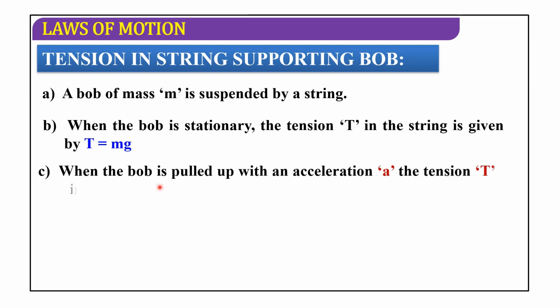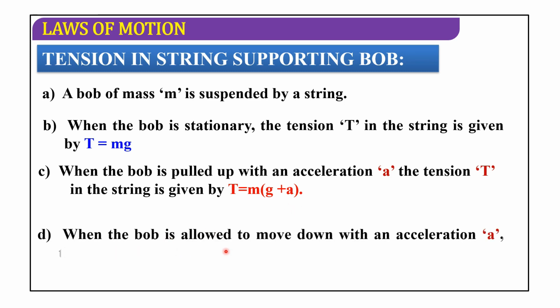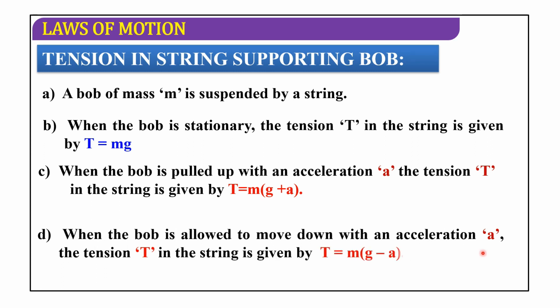Third one, when the bob is pulled up with an acceleration a, the tension T in the string is given by T equals m of g plus a. Fourth one, when the bob is allowed to move down with acceleration a, the tension T in the string is given by T equals m of g minus a.